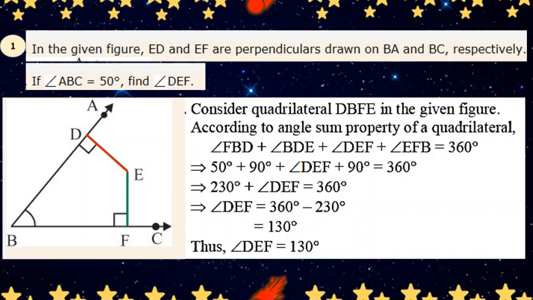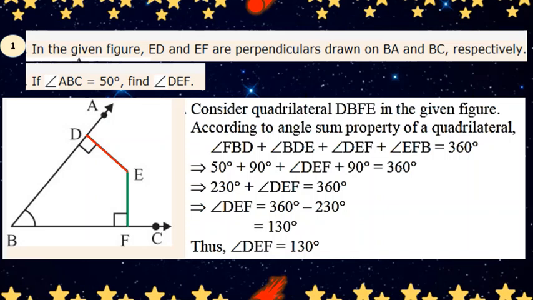A perpendicular is the line segment which makes a 90-degree angle with the given line. So ED is drawn on BA and EF is drawn on BC. The green one is drawn on BC and the red one is drawn on BA.